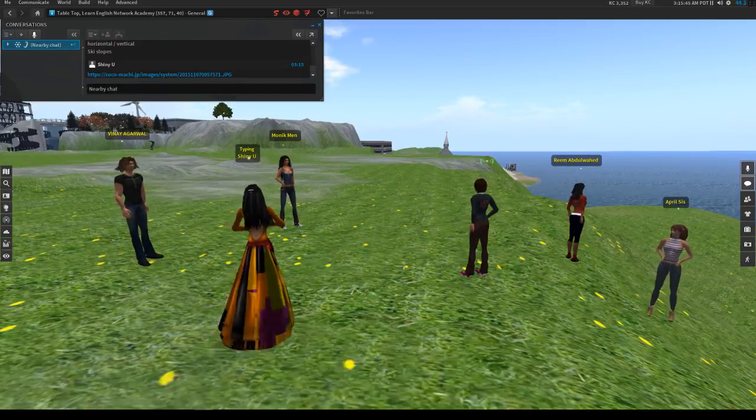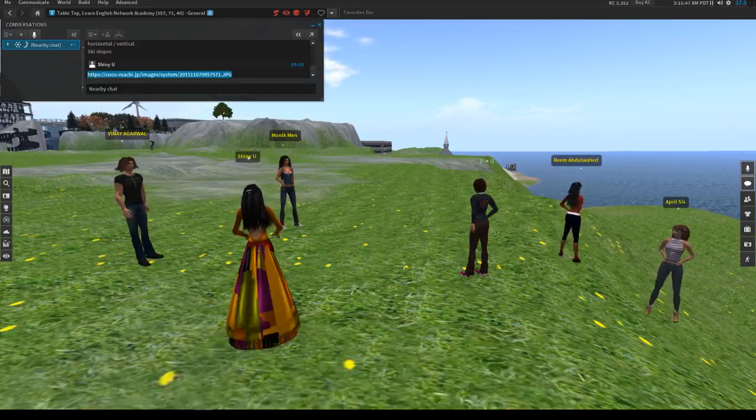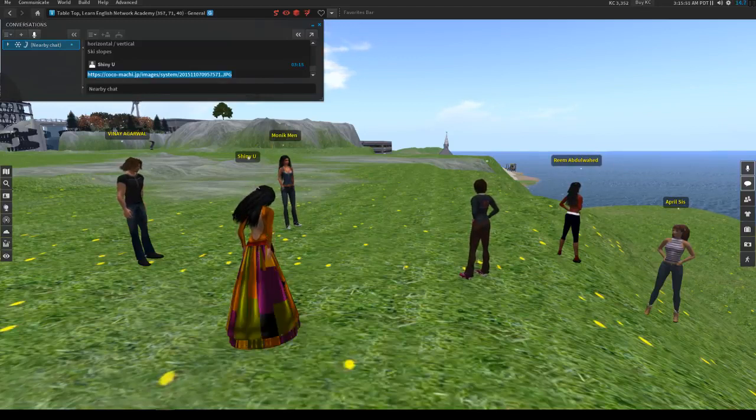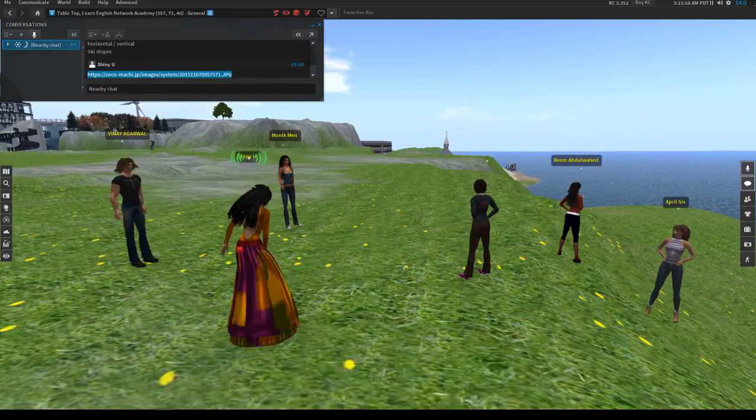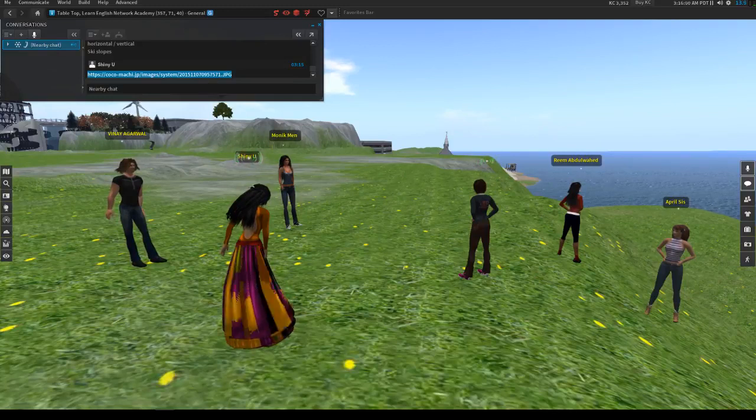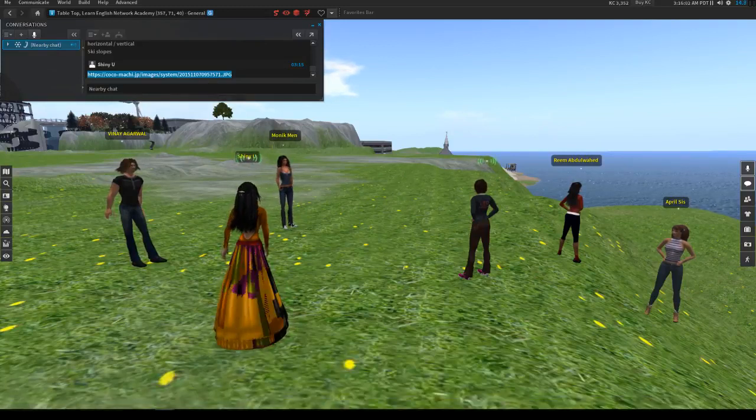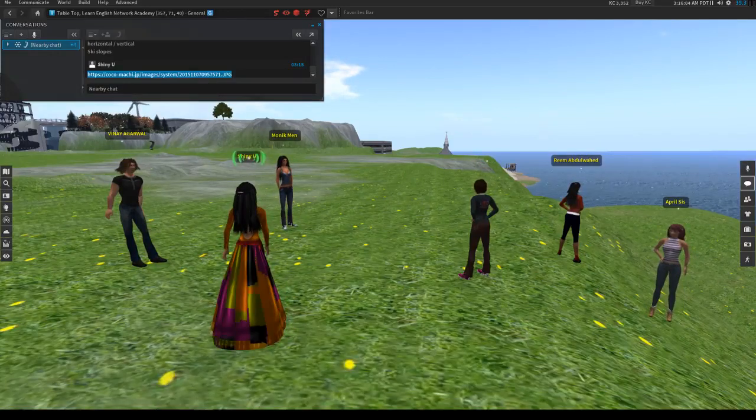Let's have a look at what Shiny's showing us. Pretty. Too many people, but nice. I thought a cliff would be bigger.